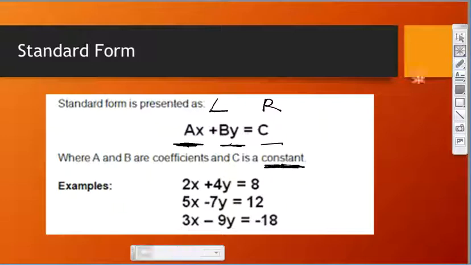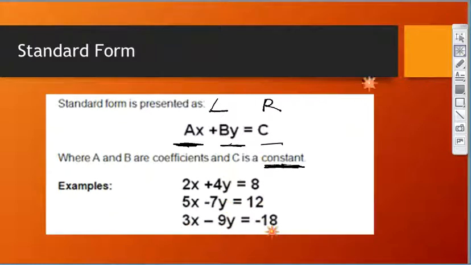Each of these below is an example of equations that have been written in standard form. So you can see that the x term and the y term are on the left side, and the term that's just a number is on the right side. Okay, so each of these equations has been written in standard form.